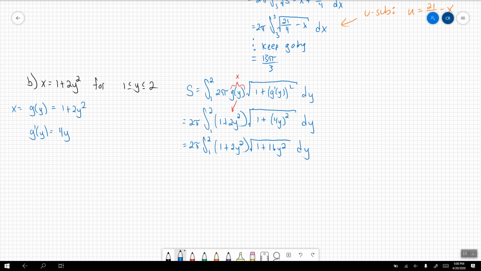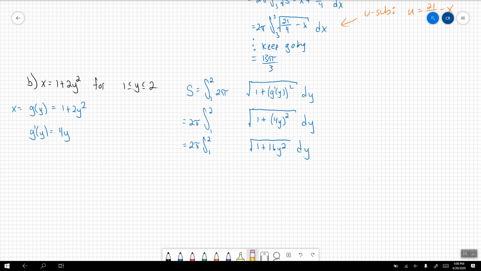All right, now I'm actually going to go back and change this up a bit. The reason I'm going to change this up here is because I've been thinking about this incorrectly for this type of problem. It would be correct if we were rotating about the y-axis.